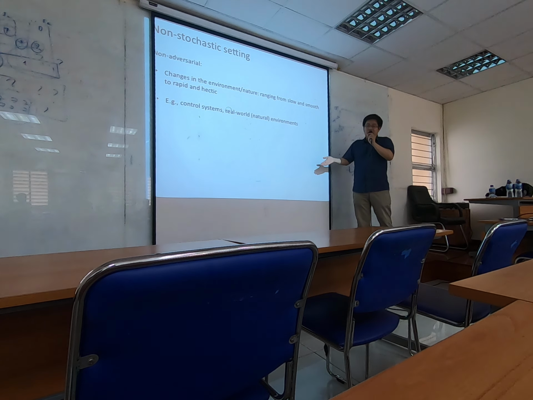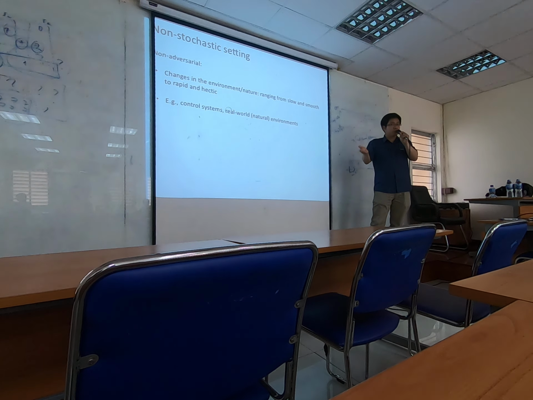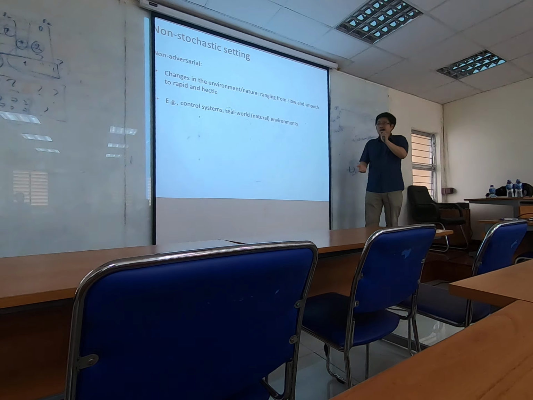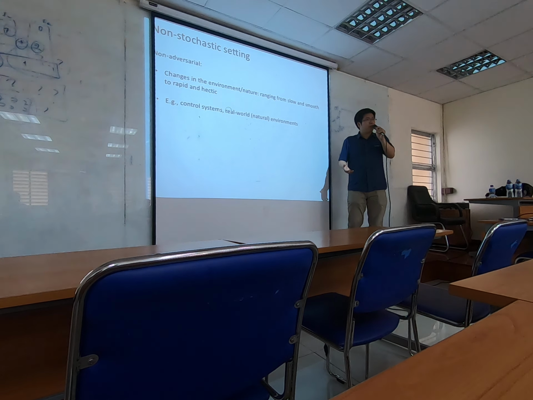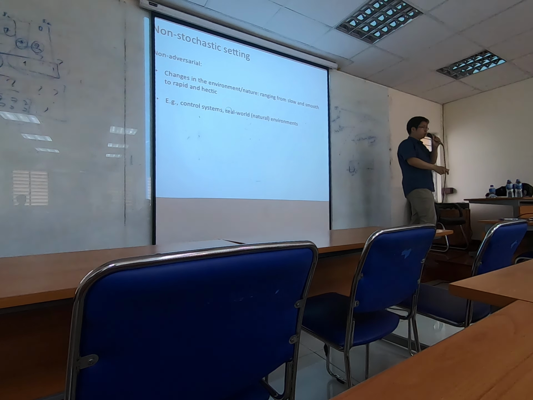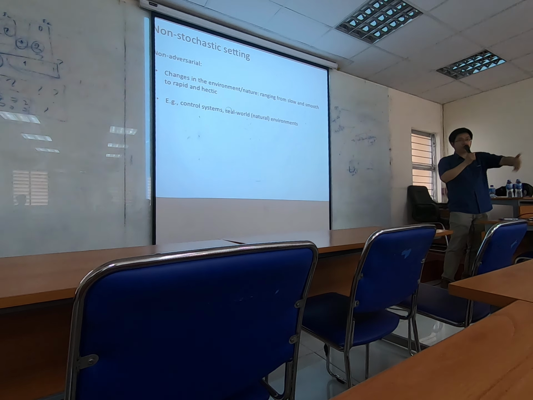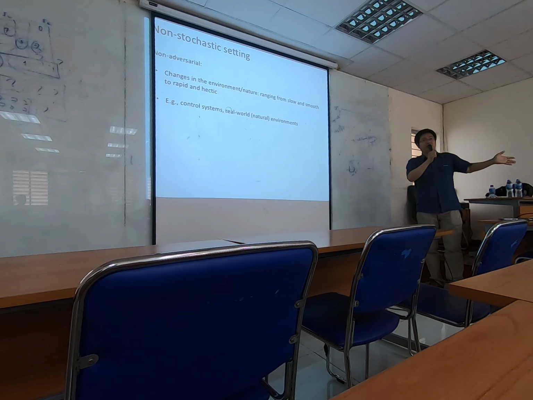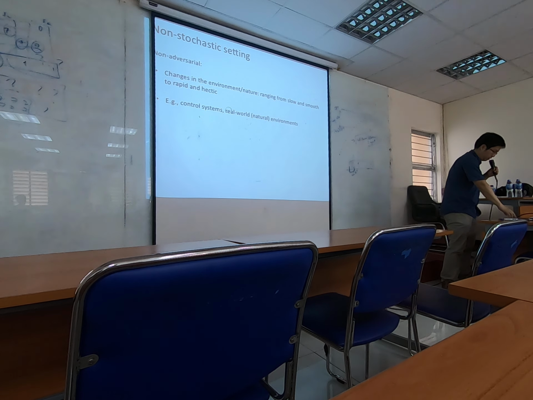The change, as I already said, you can detect using change detection or tools from statistical learning, but they are not very accurate if the changes are very fast. So we also want to deal with this situation. When the change happens almost every round, how can we learn something from the previous round if the next round is completely different? Transfer learning is not going to work. How can we still do some kind of exploitation here?